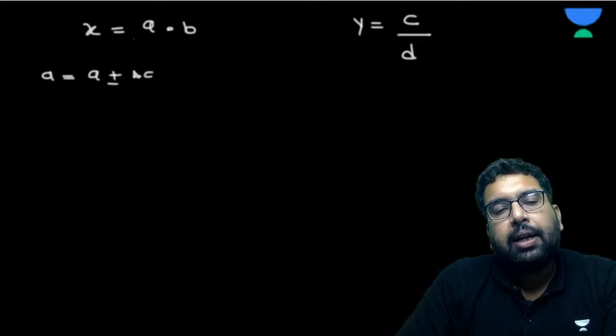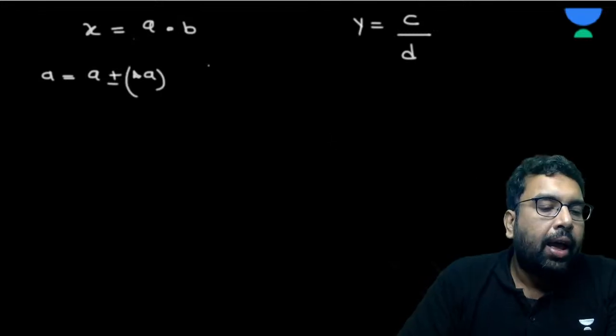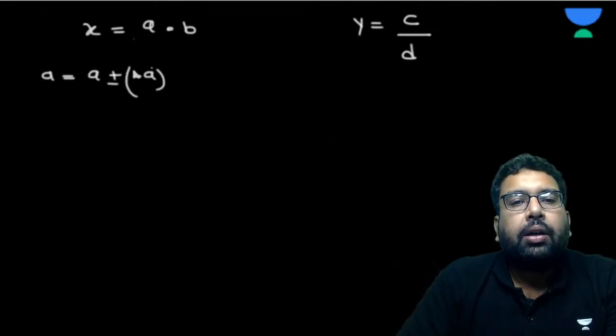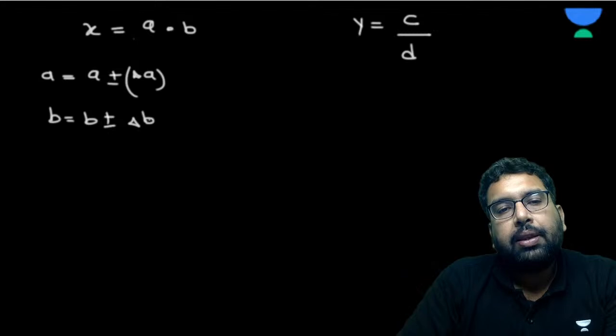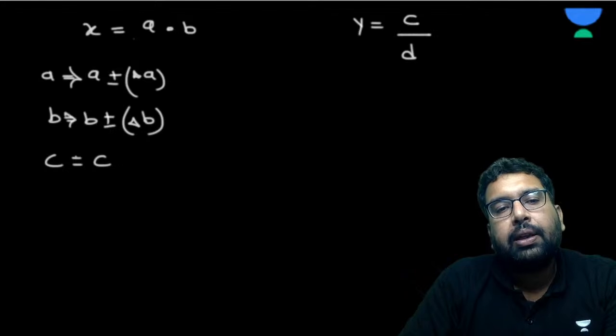Delta A is the absolute error in A. B will be B plus minus delta B. Similarly, C will be C plus minus delta C. So this is the right way of writing A, B, C. Basically, this is how the question will look.